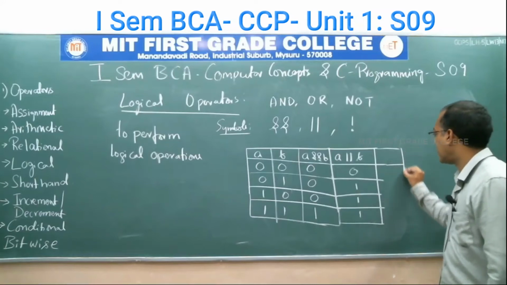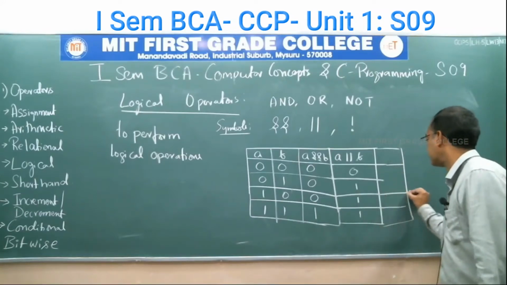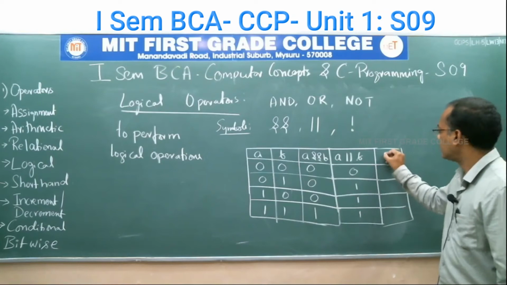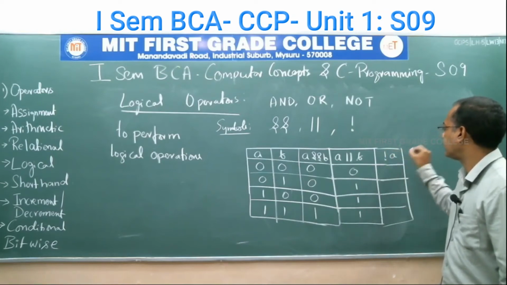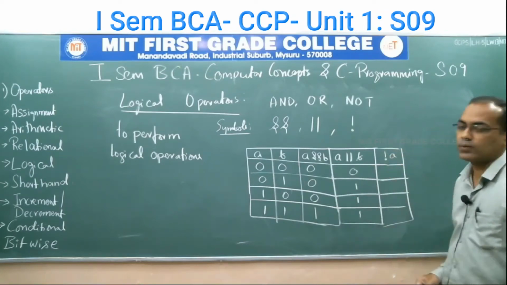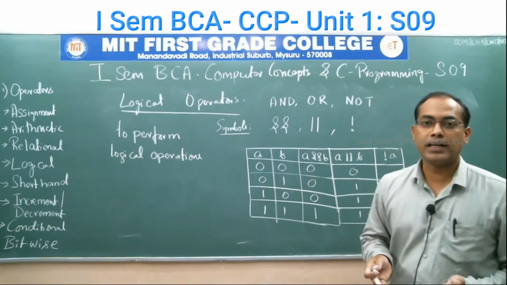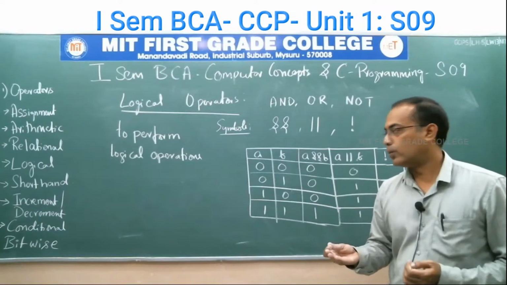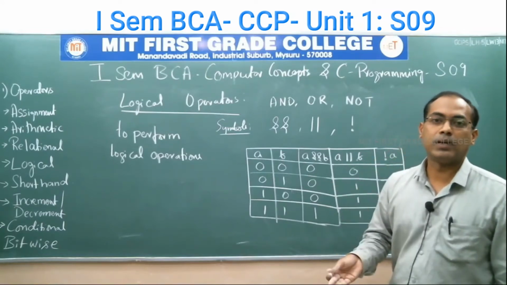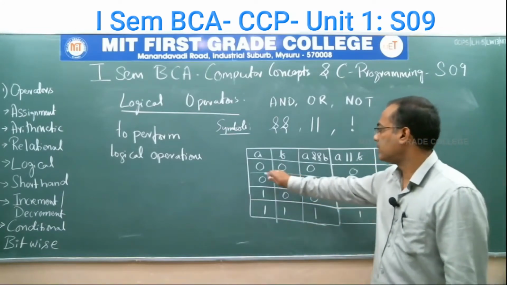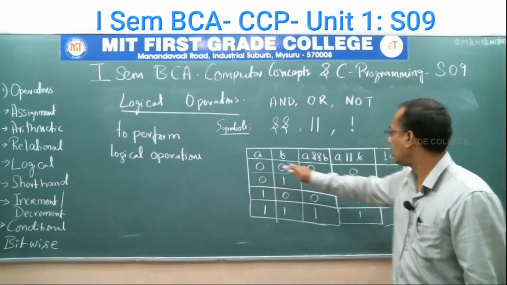Similarly, the last operator, that is NOT of A. NOT of A works like an inversion. Inversion in the sense, if it is high, it will be converted to low. If it is low, it will be converted to high. So in this case, A is 0.